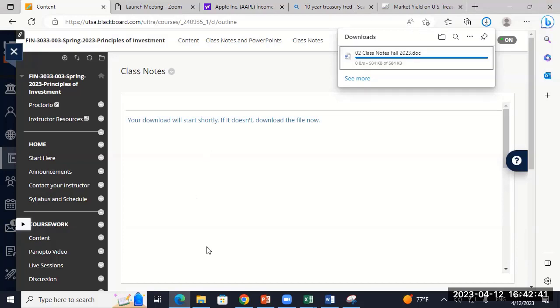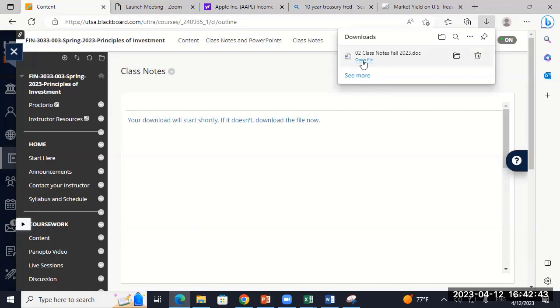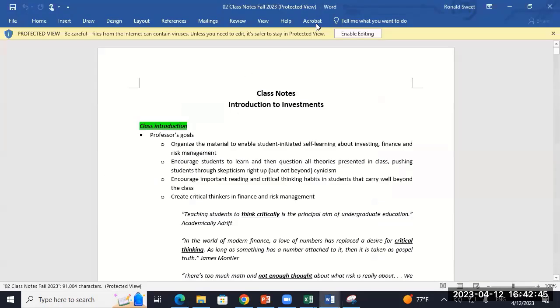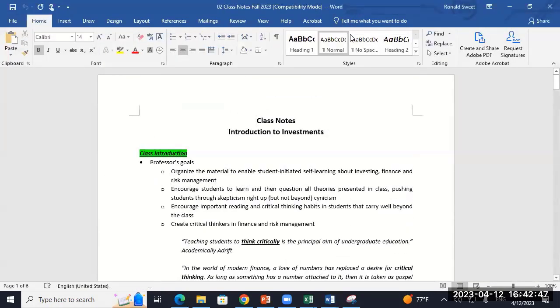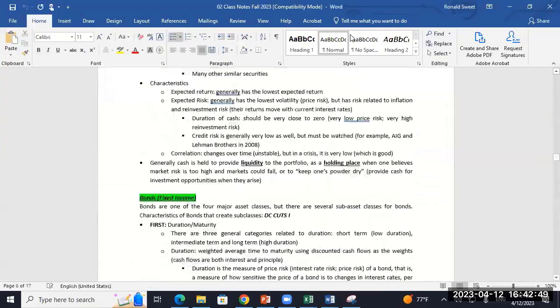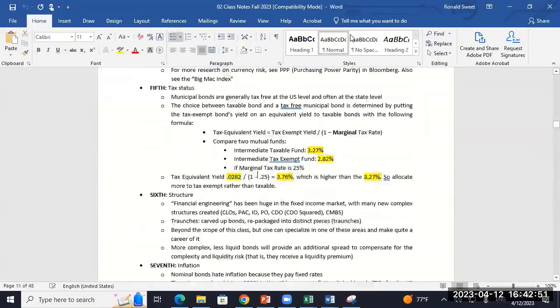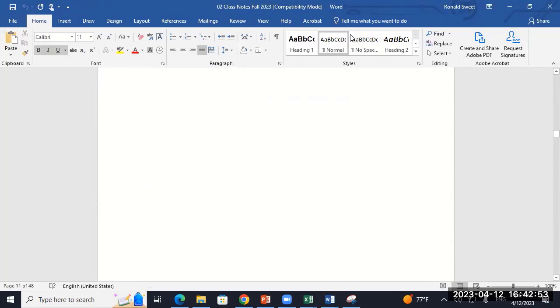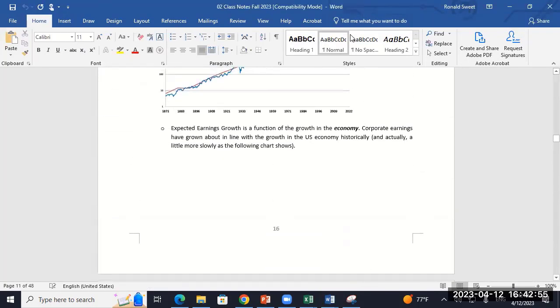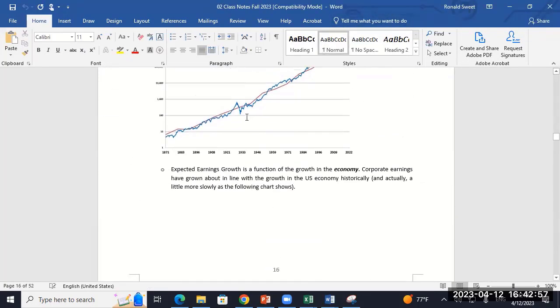You can find them pretty quickly because there are not that many graphs in the class notes. It starts on page 16.